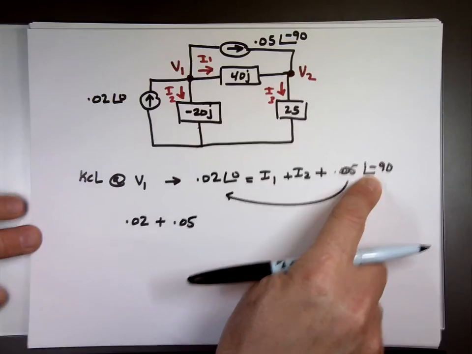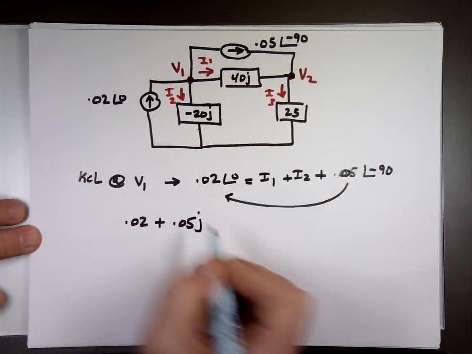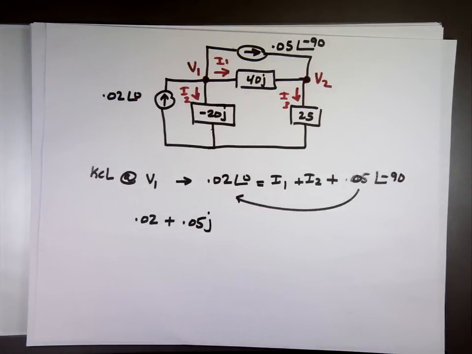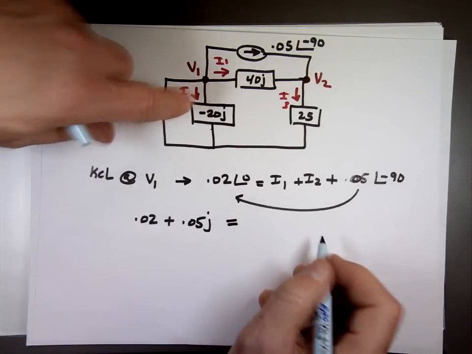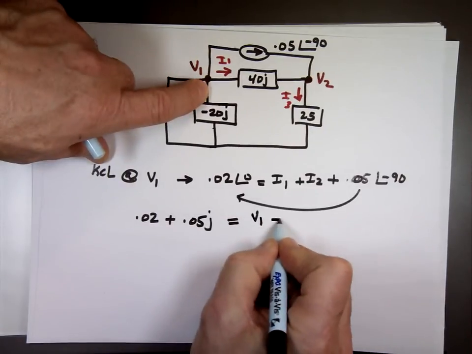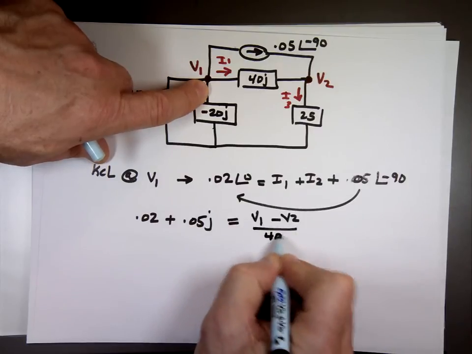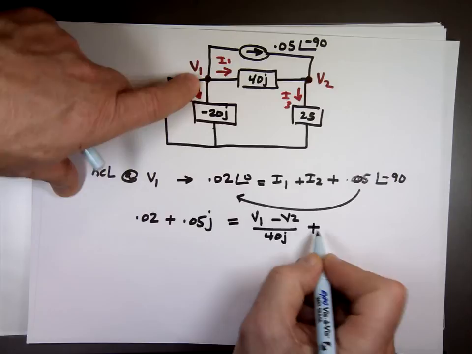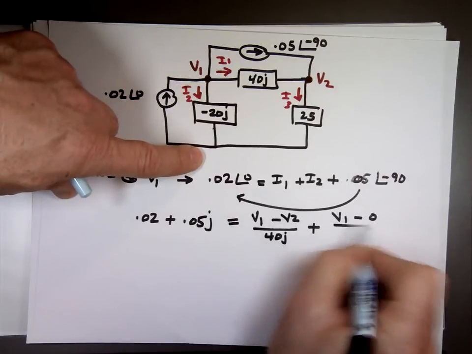When you bring it to this side, change sign, becomes plus j, equals I1. What's I1? V1 minus V2 over 40j plus I sub 2, which is V1 minus 0 over negative 20j.